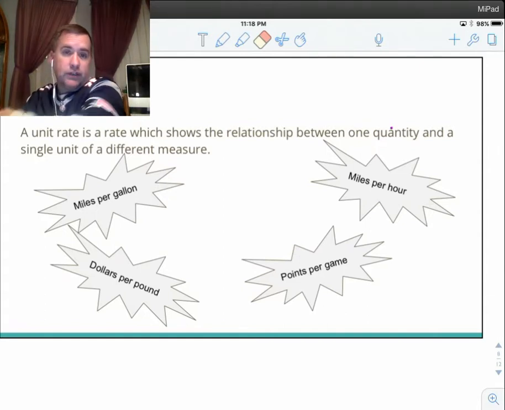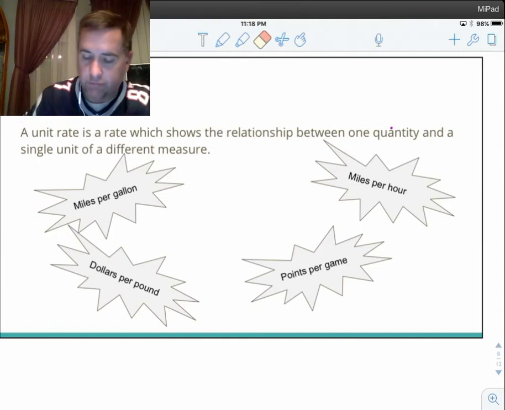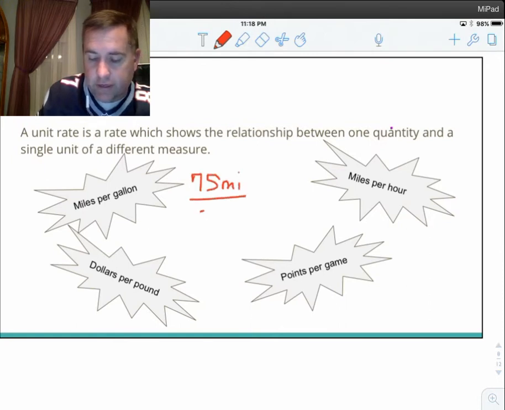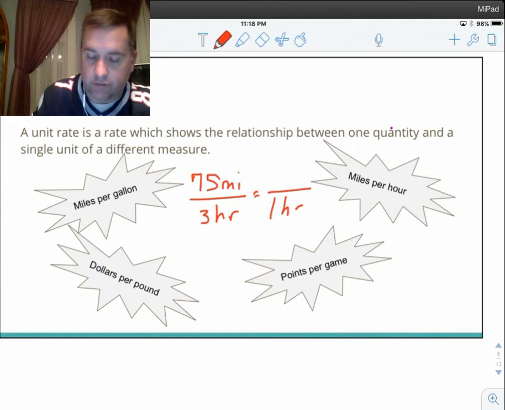So an example of a unit rate would be, for instance, let's say you travel 75 miles in 3 hours. And the question would be, well, how many miles is that per hour, in 1 hour?